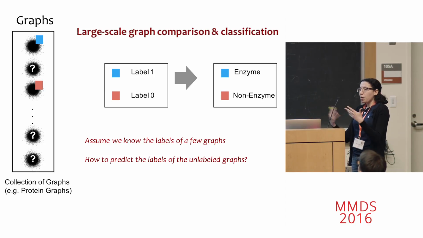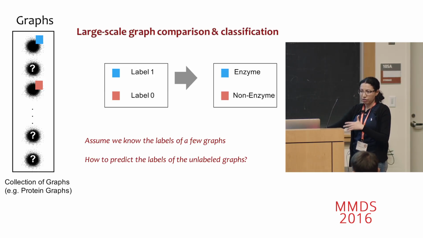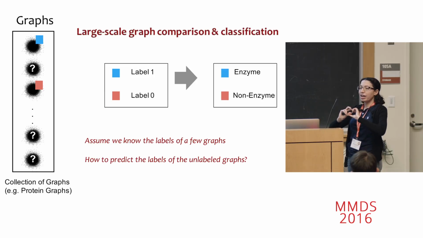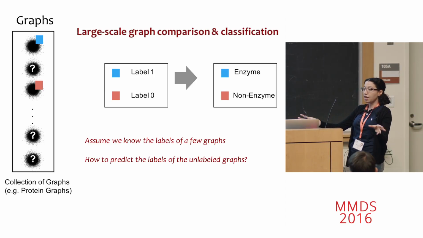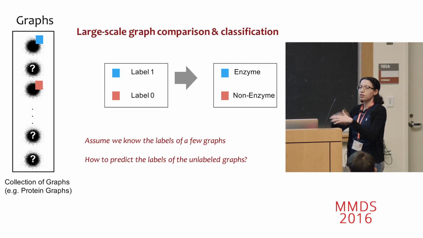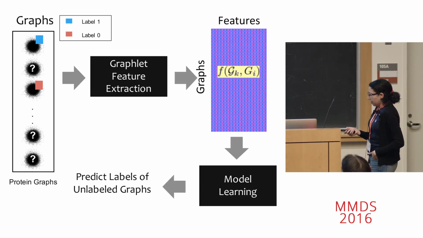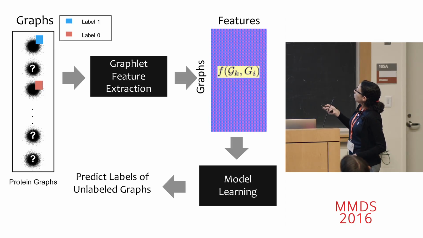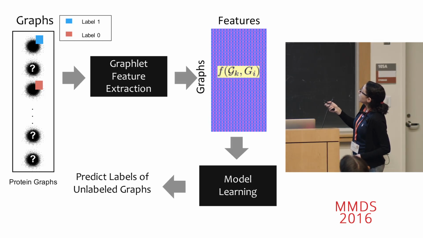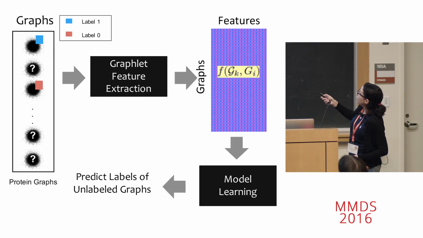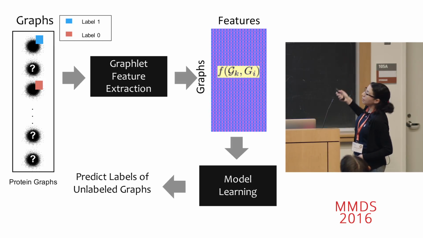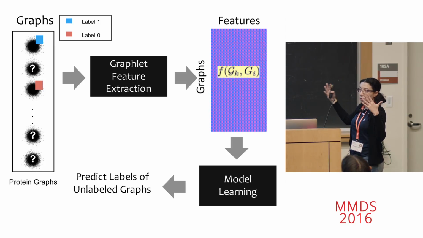One of the problems with graphs is that they don't lend themselves naturally to many machine learning methods. So one way is to try to extract a feature representation from the graph itself and then use some of the machine learning methods to learn a model and predict the labels. That's what the slide tries to explain: we have this collection of graphs, we give them to the graphlet feature extraction, and then we represent them as a feature matrix.